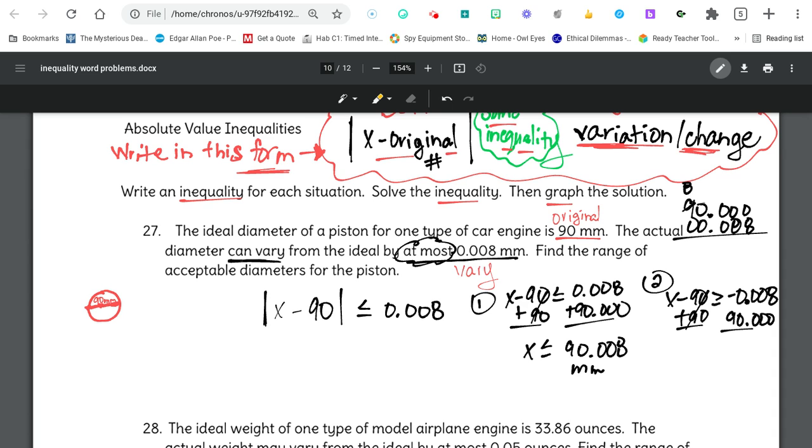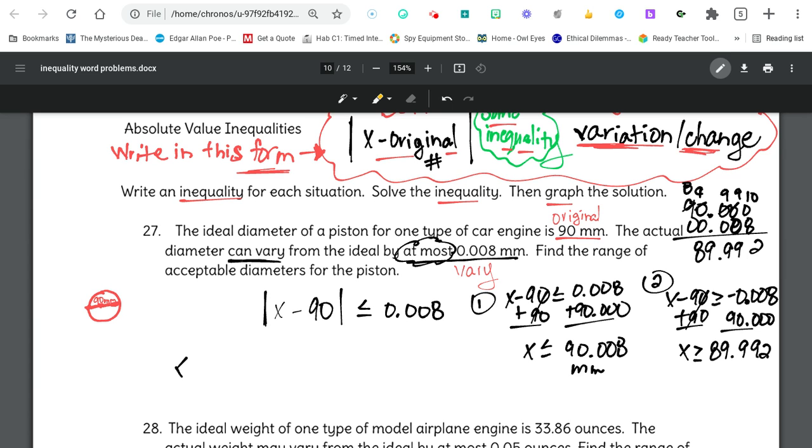That becomes an 8, 9, 9, 9, and 10. That's a 0, guys. So that's going to be x greater than or equal to 89 and 992 thousandths, guys.